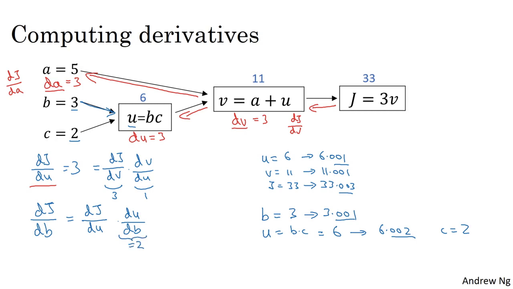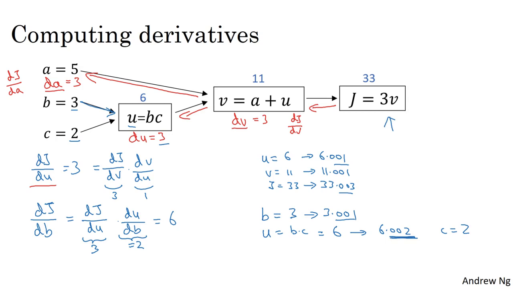And now we know that u has gone up twice as much as b has gone up. Well, what is dj/du? We've already figured out that this is equal to 3. And so by multiplying these two out, we find that dj/db is equal to 6. And again, here's the reasoning for the second part of the argument: we want to know when u goes up by 0.002, how does that affect j?